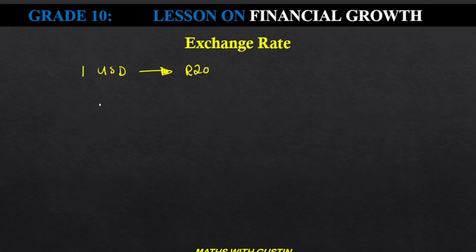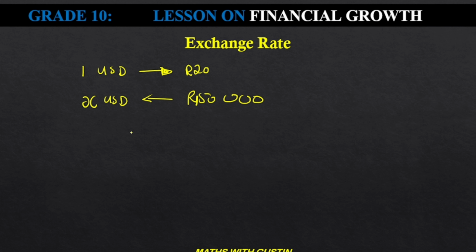Then they would ask you to convert, or what is the exchange rate if you are buying a car of, let's say, 150,000. How much will that car be in US dollars? Basically you will just do a cross multiplication. You can say that the price of the car in US dollars is X, then you do cross multiplication there.